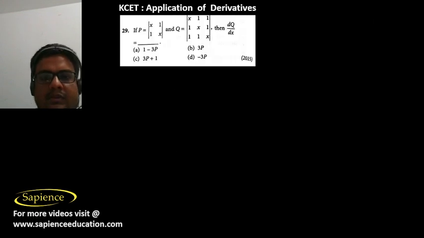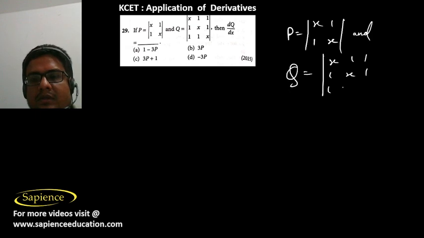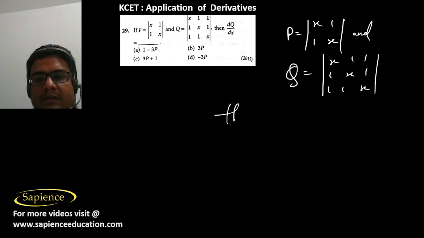Then question number 29. It is told P is equal to the determinant of x1, and Q is equal to the determinant of x1, then dq by dx is equal to what?